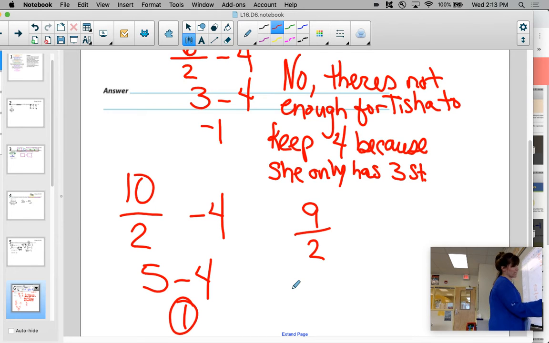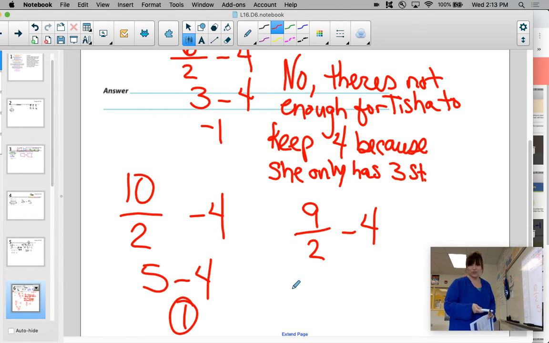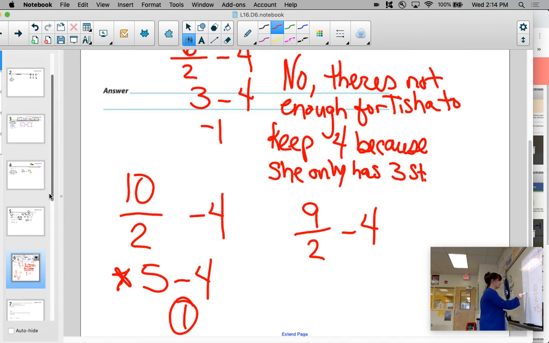If you had 9, you can't split an odd number in half. So that part wouldn't work. That's why I have to go to 10 strawberries to get that 5 after we split it in half in order to give Suvi at least 1 strawberry. So that was just a little extension there.